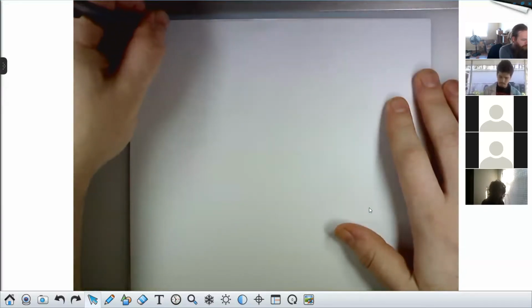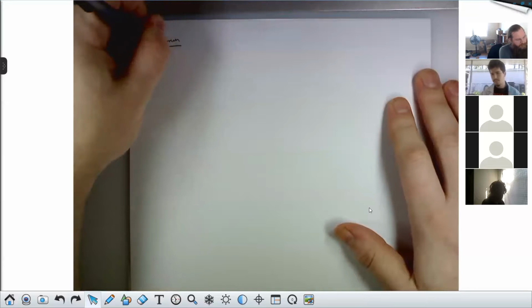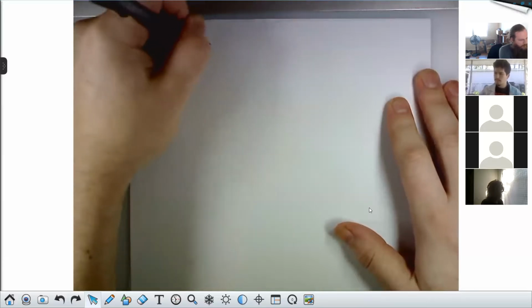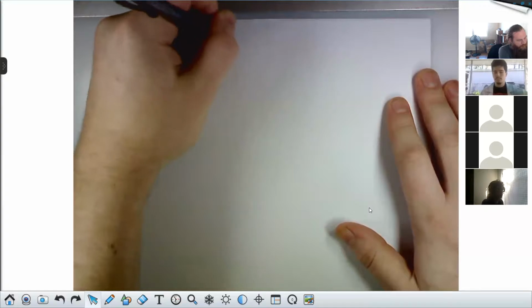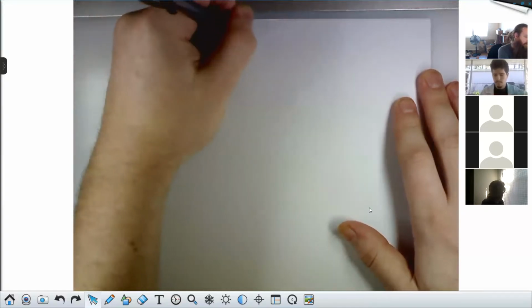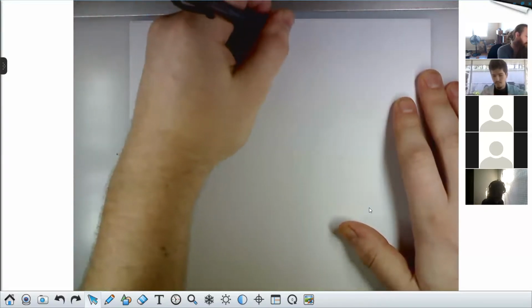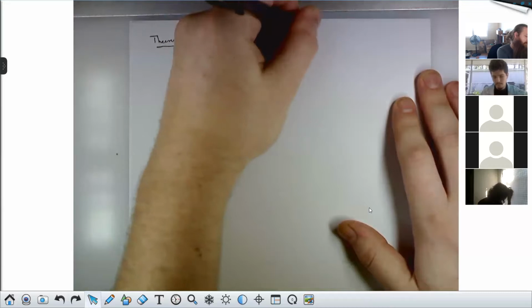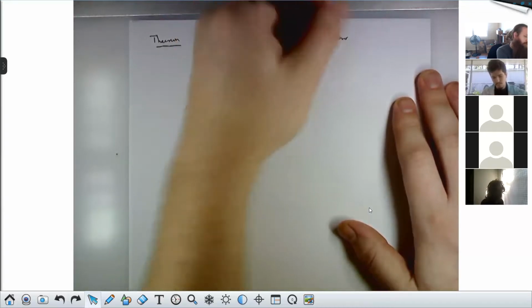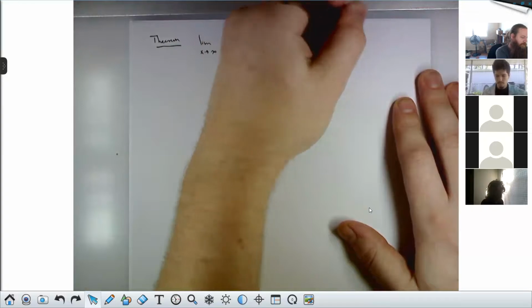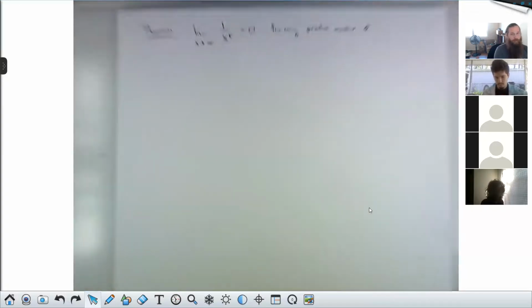Theorem: the limit as x goes to infinity of 1 over x to the p is equal to 0 for any positive number p.